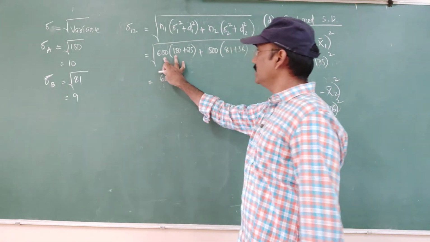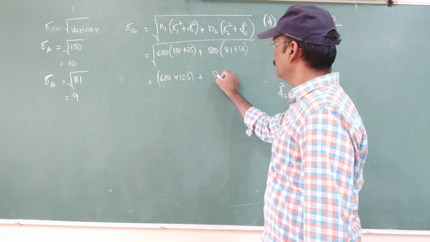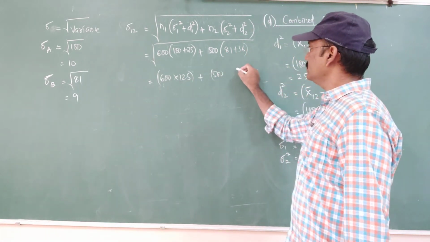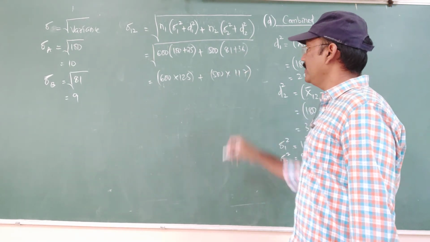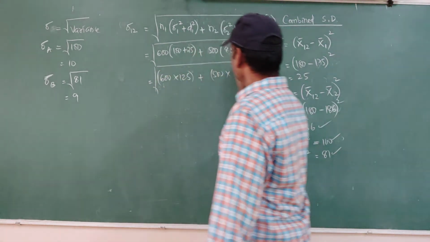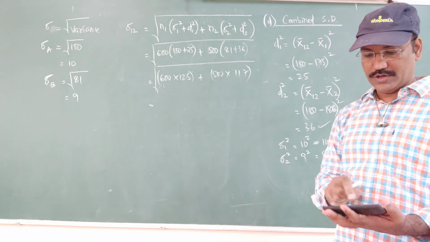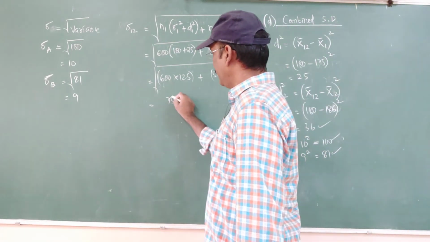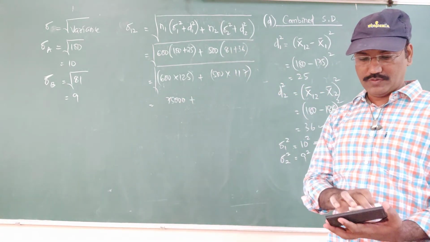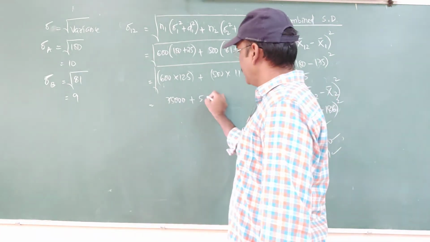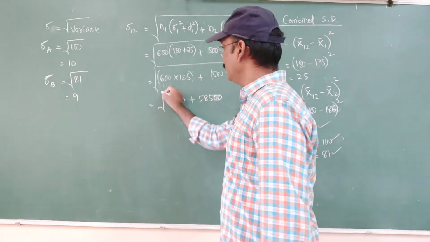600 into 125, plus 500 into 117, which is 81 plus 36. 600 into 125 you will get 75,000, plus 500 into 117, which is 58,500.